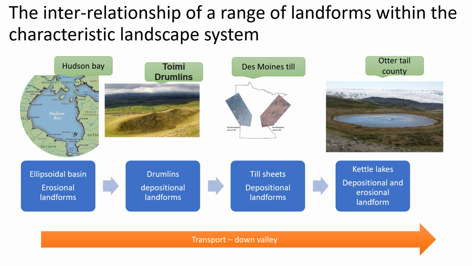They spread out in all directions, which means we have to look at the margins to see if there's any relationship between some of the landforms, the depositional landforms particularly. So we are looking to see what happened at those lobes. And as we've already mentioned, those lobes deposited drumlins and till sheets and kettle lakes.